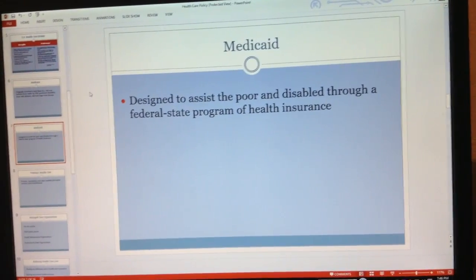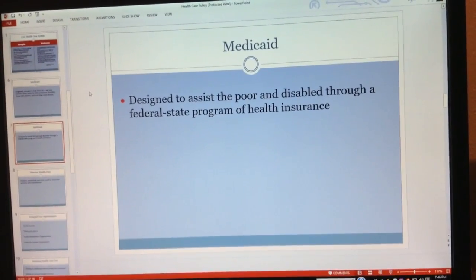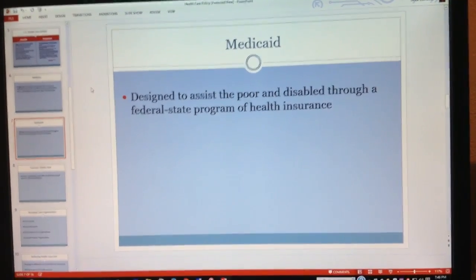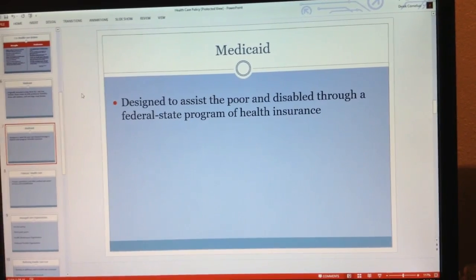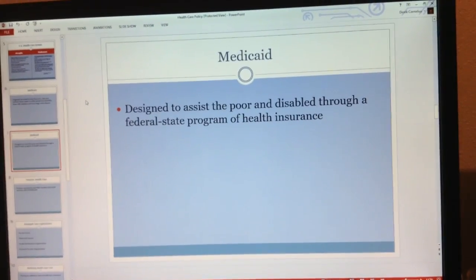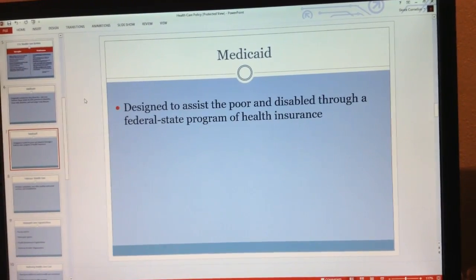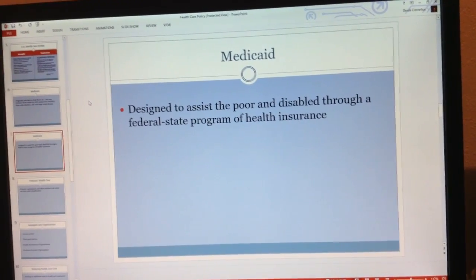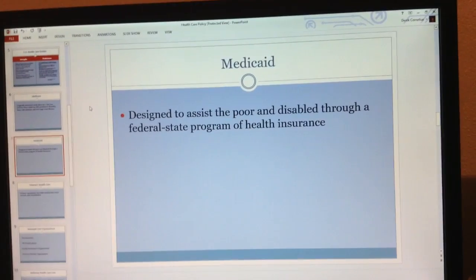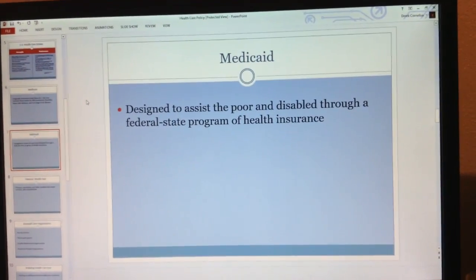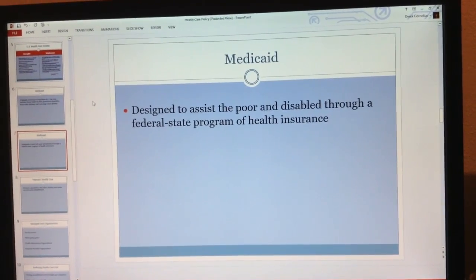It covers half of the cost, so individuals are responsible for the other half. It's required to be extended to welfare recipients and supplemental security income recipients. It's the most costly program in a state's budget, and I got that from the Medicaid Expansion Gap article.